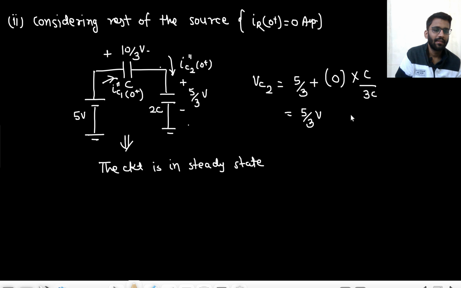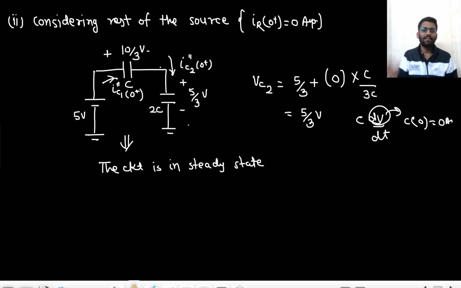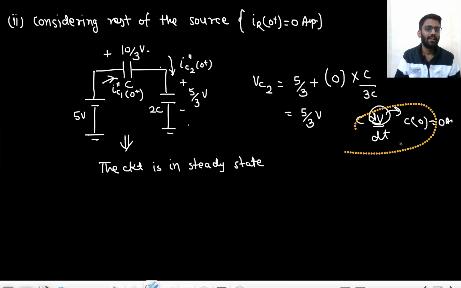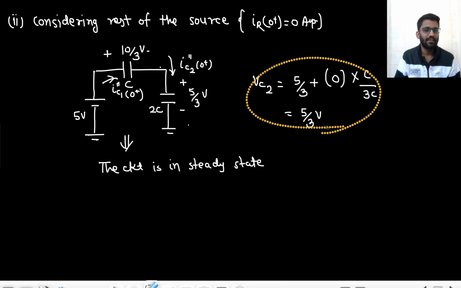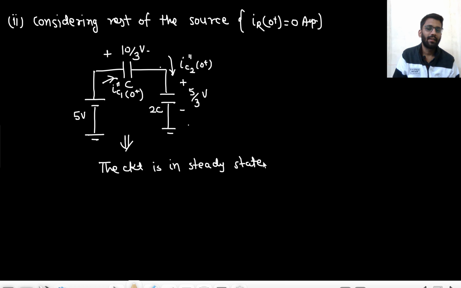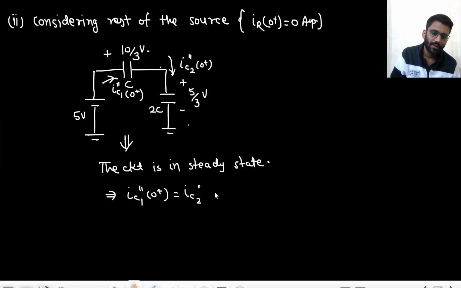So what will be my current? The current is C dVc by dt. This voltage is not even changing, so C into 0. So the current is 0 ampere. Or you can simply see the circuit is in steady state only. There is no charge distribution, so the current will be 0. So IC1 double dash 0 plus and IC2 double dash 0 plus are 0 ampere.